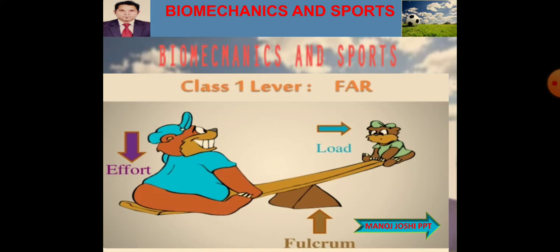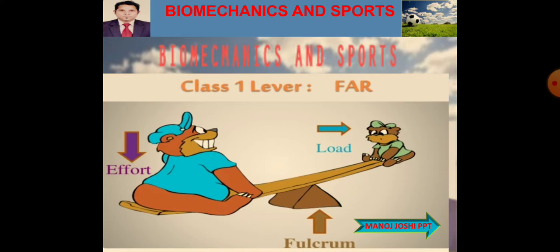One more example we can see here. Effort means the force being applied, the load is the resistance, and the fulcrum is at the middle. This way the person can lift this load easily because of this fulcrum.